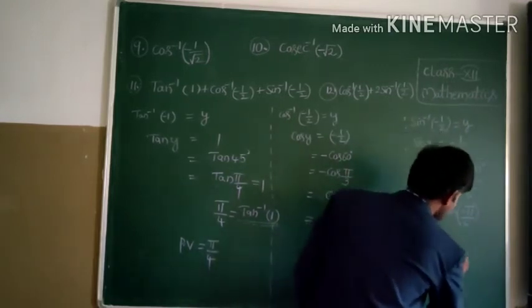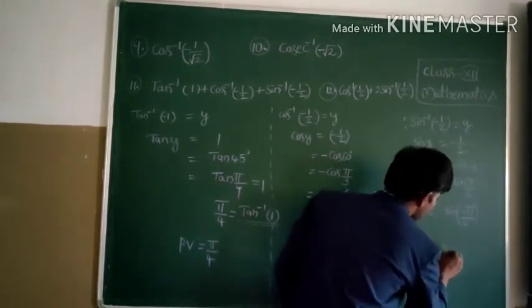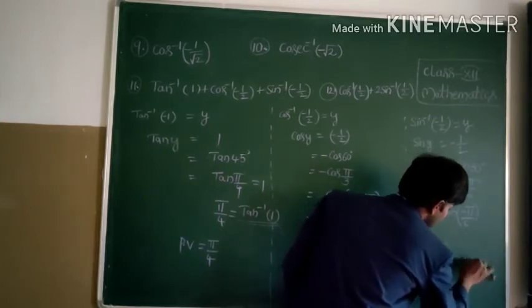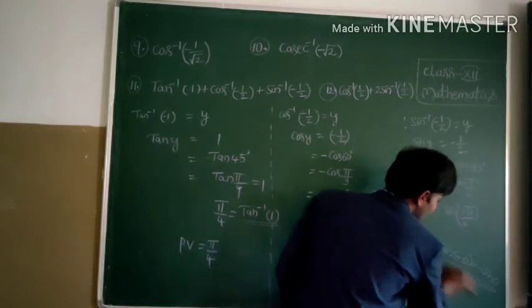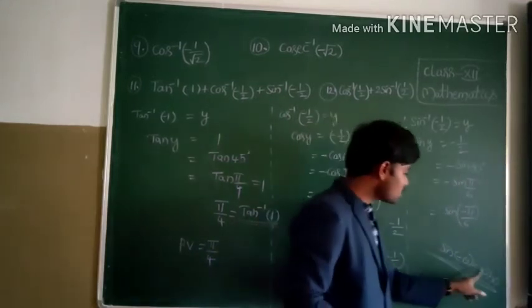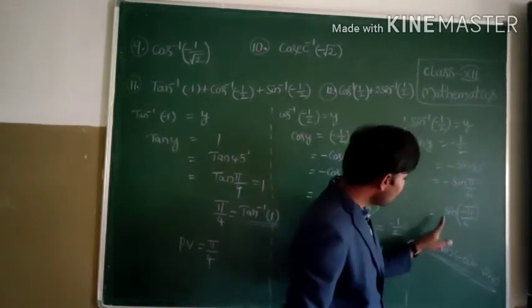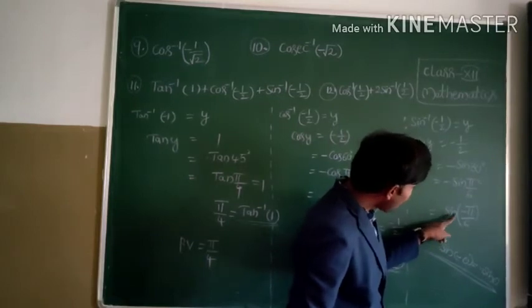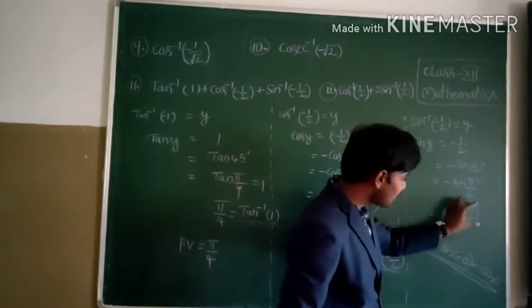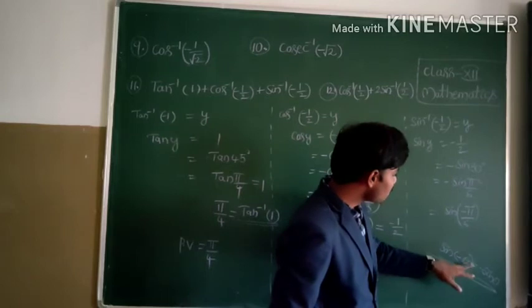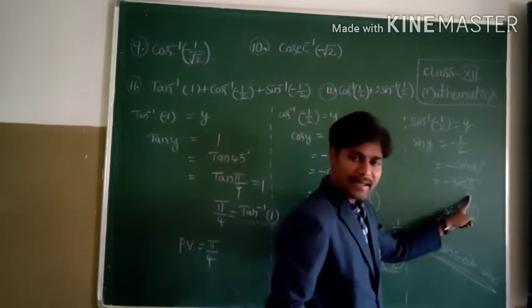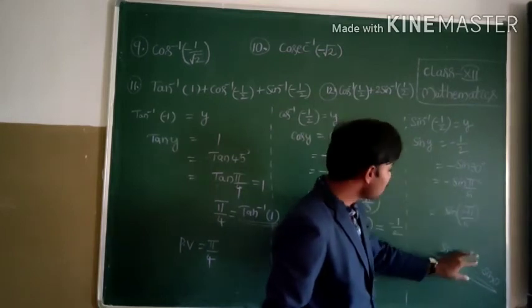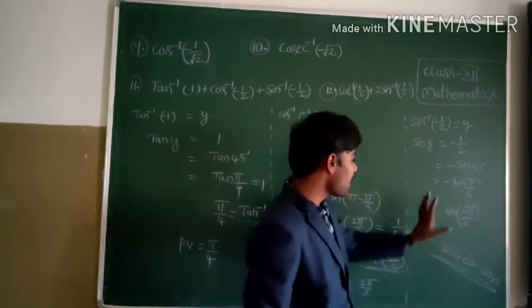See, this formula you need to use: sine of minus theta is equal to minus sine theta. So here sine of minus theta, where theta value is 5 by 6, that's minus sine theta. Clear? You have to use this formula in this case.